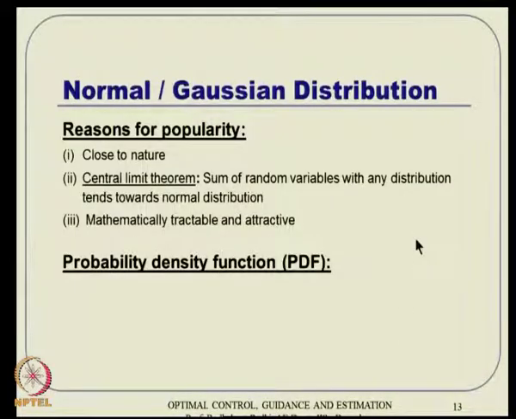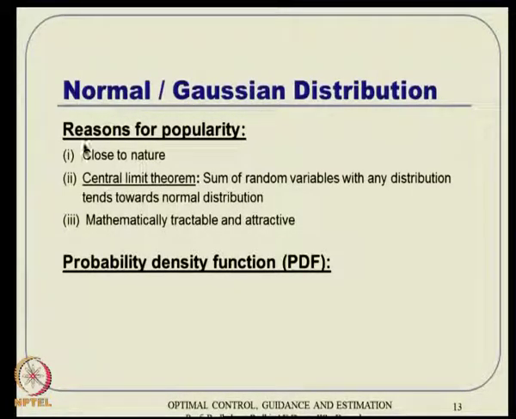Then this particular distribution is of very importance in any probability theory, including Kalman filtering. And the reasons for this popularity of Gaussian distribution are three things. First thing is it is close to the nature. That means by default many of the distributions turn out to be Gaussian.